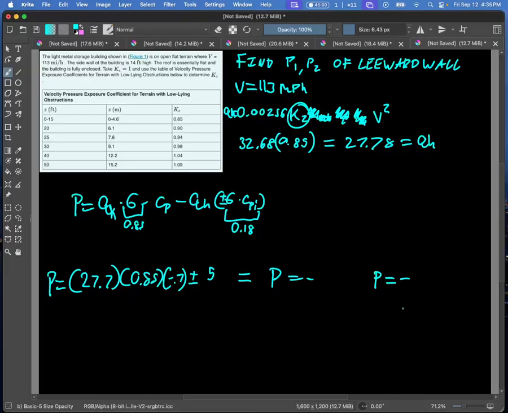We're going to add 5, and it's going to be negative 11.53. And we're going to do the same thing, but we're going to subtract 5: negative 21.53.